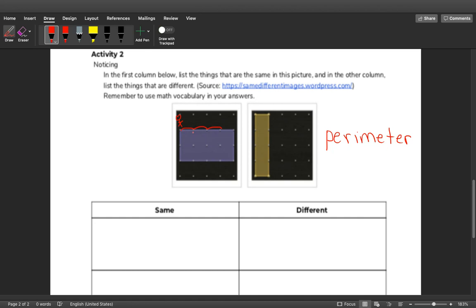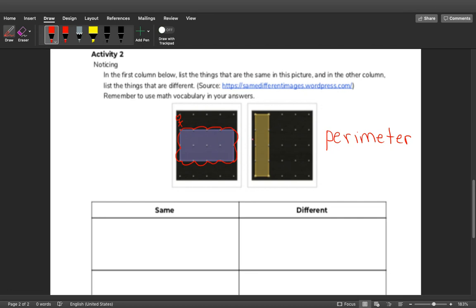So he would go 1, 2, 3, 4. Then he would turn the corner and go 5, 6. Then he would turn another corner, 7, 8, 9, 10, 11, 12. So the perimeter of the first rectangle is 12 units.